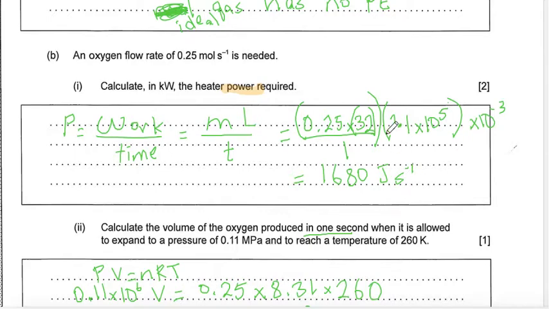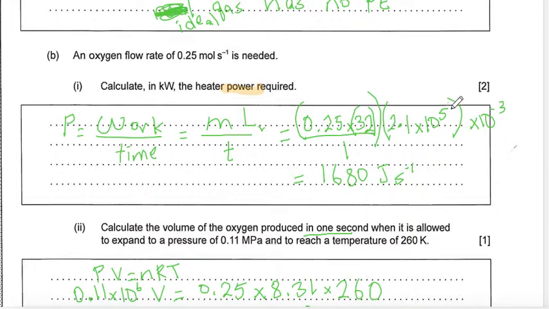So just to explain again how I use this rate idea, I know that it's given me number of moles per second. I just work out my calculation. I know I'm looking for power, that is work divided by time. Time I just keep as time, and work is energy added, so M times L, because it's a change of state.